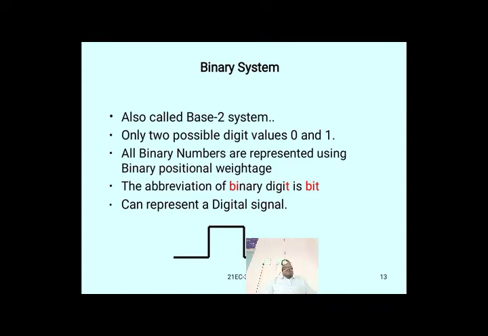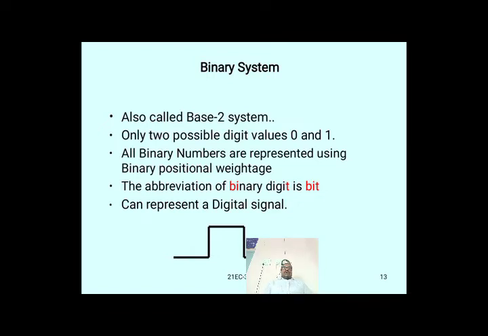See here, it is totally different from the decimal number system. The binary number system is also called base 2 system. It has only two possible digit values, zeros and ones. All binary numbers are represented by using binary positional weightage. The abbreviation of binary digit is bit, and it can represent a digital signal.